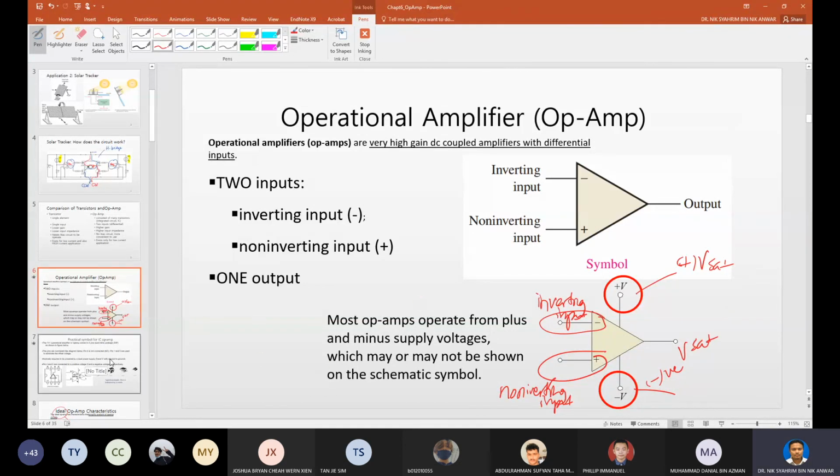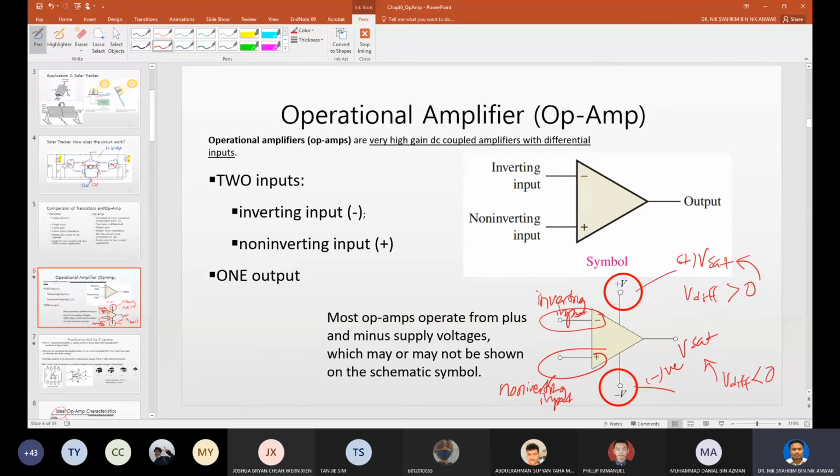So you will immediately hit this one when VDIF is bigger than 0, and you will hit this one if VDIF is negative or less than 0.